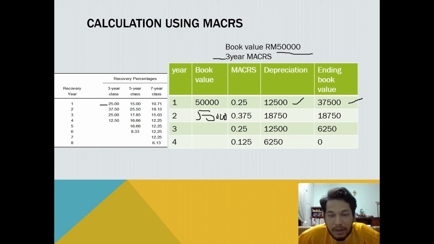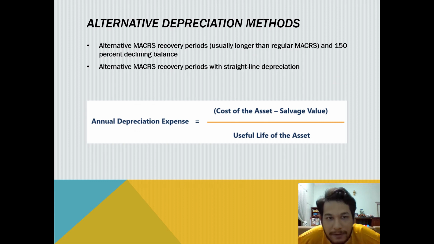And then at last, you will get zero ending book value at the end of the useful life. This is the general calculation for MACRS.